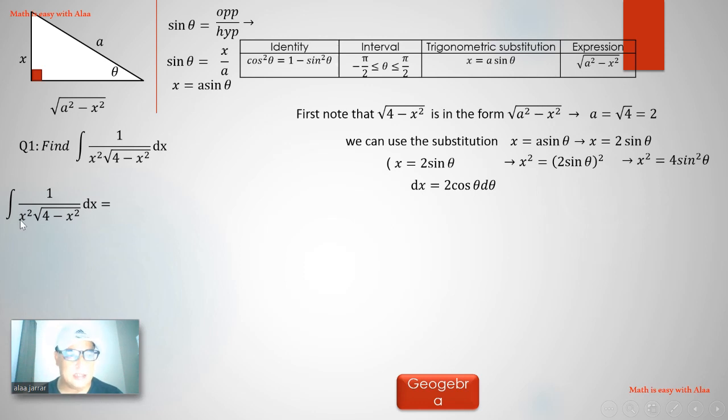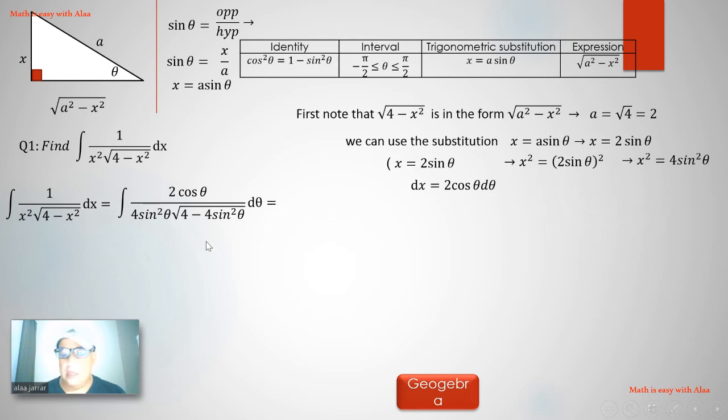We will replace x squared here by 4 sine squared theta, and also x squared here by 4 sine squared theta, and dx by 2 cosine theta d theta. We will get now the antiderivative of 2 cosine theta over 4 sine squared theta square root of 4 minus 4 sine squared theta d theta.